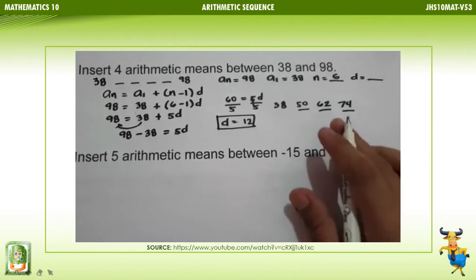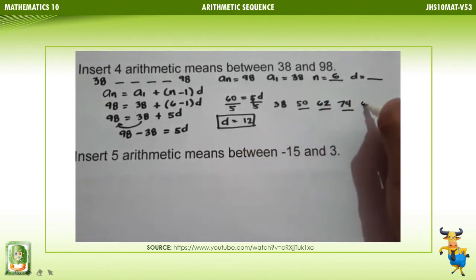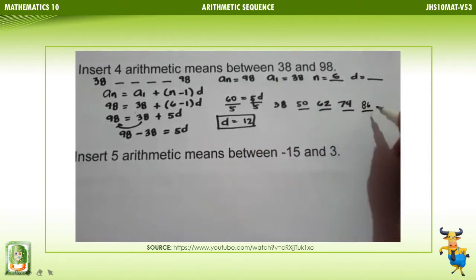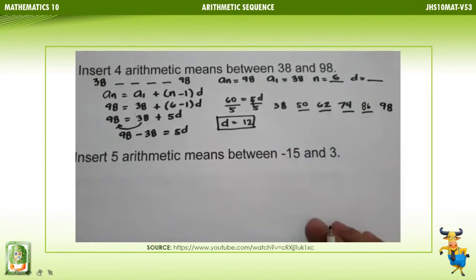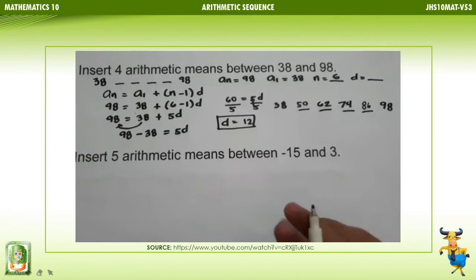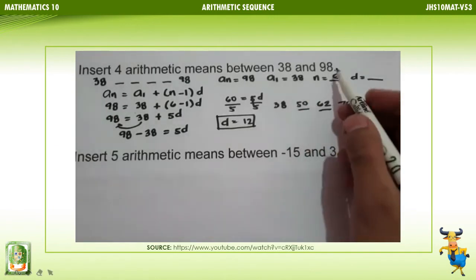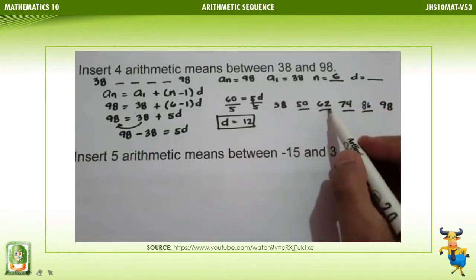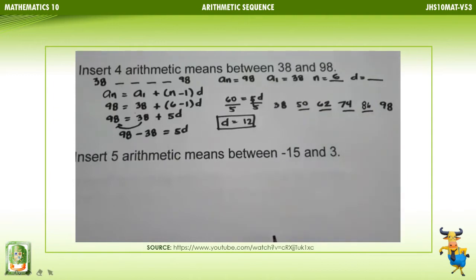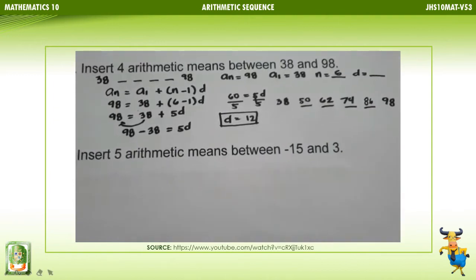Then 74 plus 12, that is 86. Then 86 plus 12 is 98. So 98 will be the last term. So the 4 arithmetic means between 38 and 98 are 50, 62, 74, and 86.